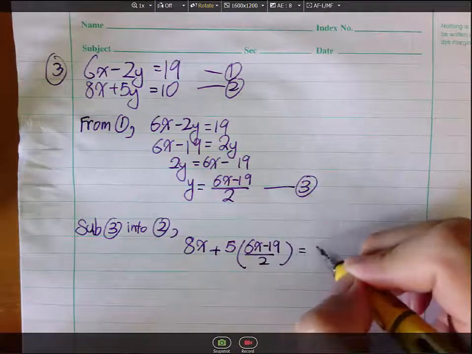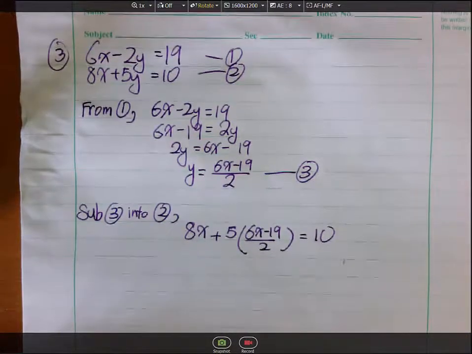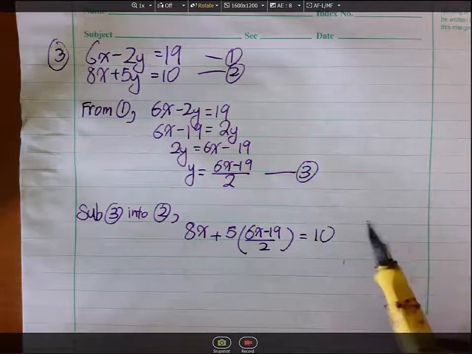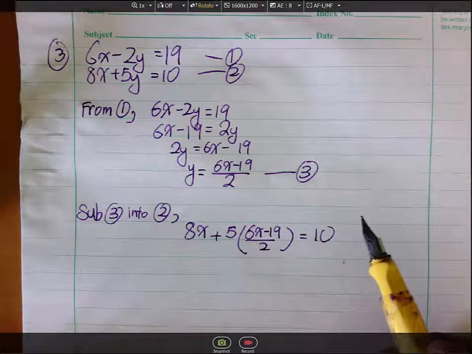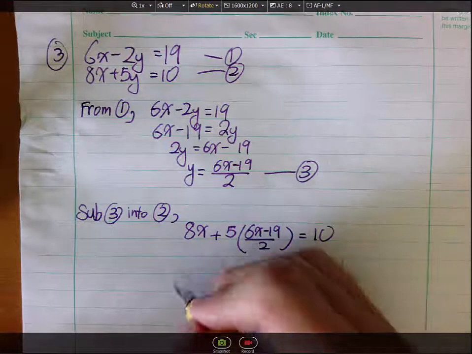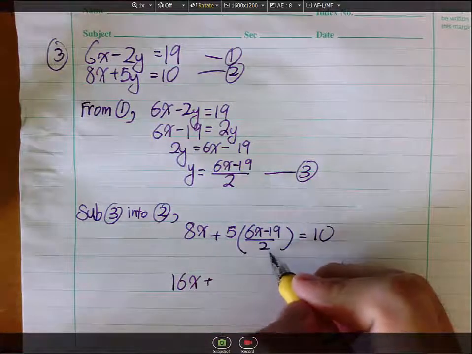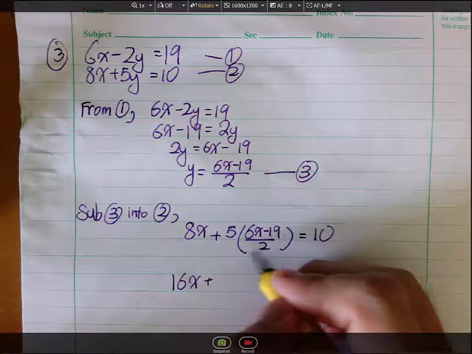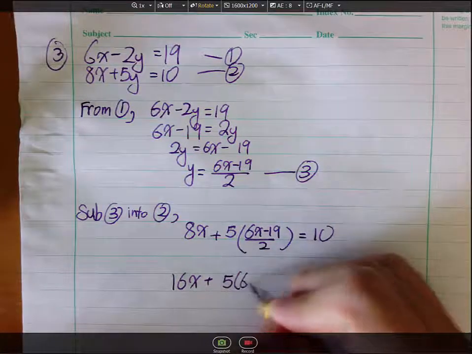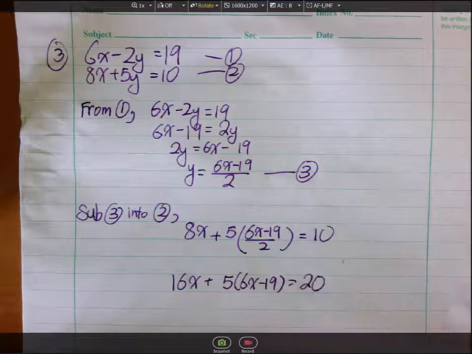is equals to 10. Now in order to simplify this whole equation, what I can do is multiply everything by 2. So 2 times 8x gives me 16x. If you multiply this whole term by 2, the 2 and 2 will eliminate, so I'm left with 5 times 6x minus 19. 10 times 2 is 20.